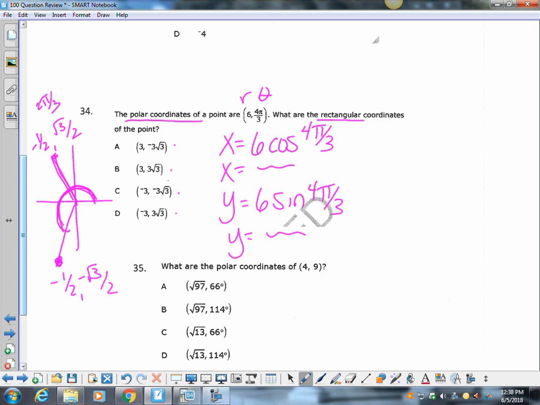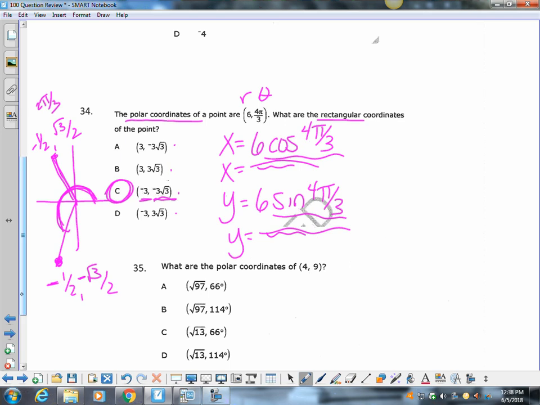And honestly, guys, let's look at your answers. If you know that both of these are negative, so you know that this is going to be negative and this is going to be negative, look at your choices. This is the only one where both of them are negative. But again, you can type this straight in and you'll get a -3, and type this straight in, you'll get a decimal, and then type that in, you'll get the same decimal. But again, know those formulas.